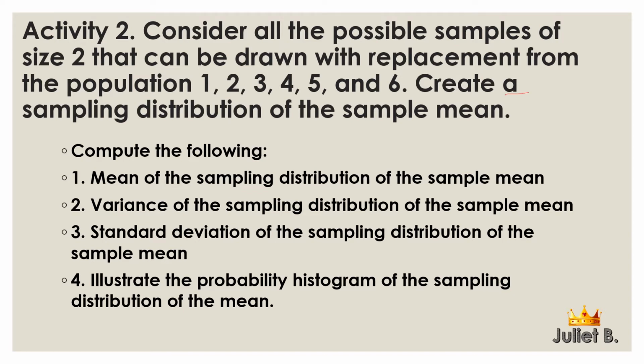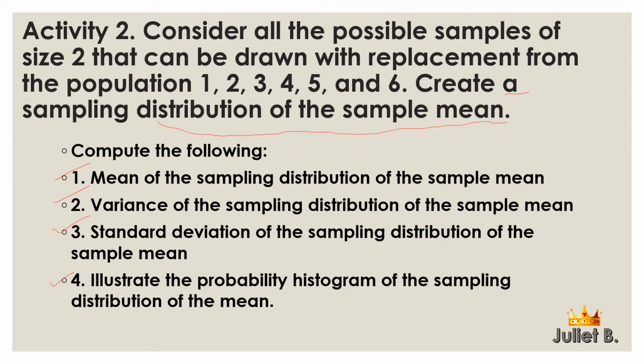Create a sampling distribution of the sample mean. Then after that, we have to compute the following. Number 1, the mean of the sampling distribution of the sample mean. Number 2, the variance of the sampling distribution of the sample mean. Number 3, the standard deviation of the sampling distribution of the sample mean. And number 4, let us illustrate the probability histogram.